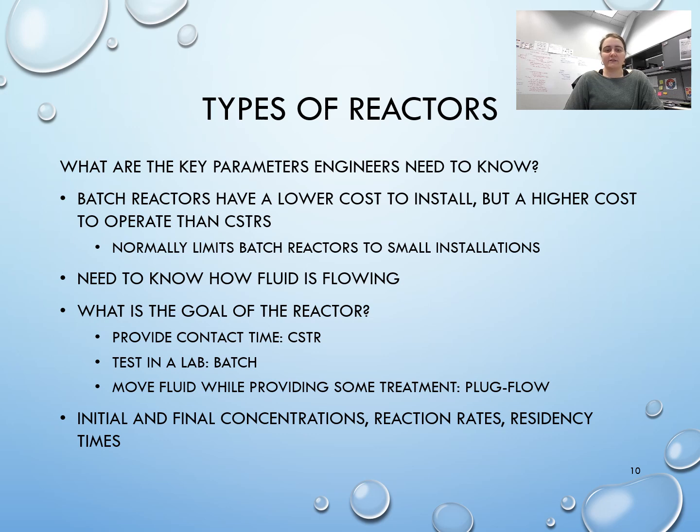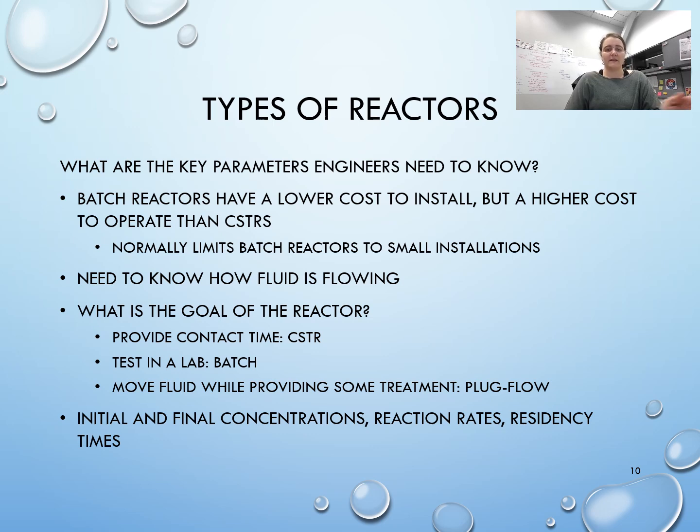Whenever you're designing a reactor, you need to know how the fluid is flowing. So we talked about different flow regimes in another pre-lecture video. Keep an eye on that because these two things work in tandem. And we need to think about what's the goal of the reactor. If we're providing contact time, we want to use what we call a CSTR. If we maybe want to test in a lab, we want a batch reactor. We just want to test something and be done with it.